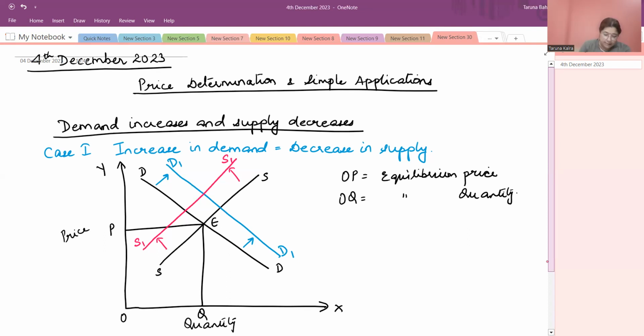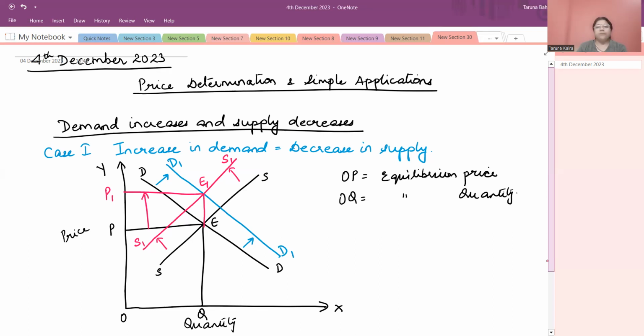The impact is that the new equilibrium will be E1, where the price is increased from OP to OP1, and your equilibrium quantity remained the same.